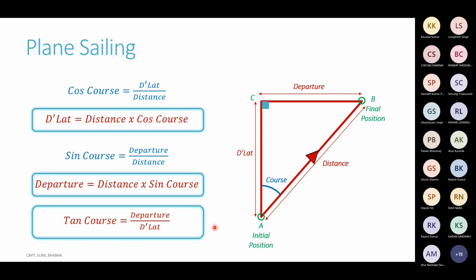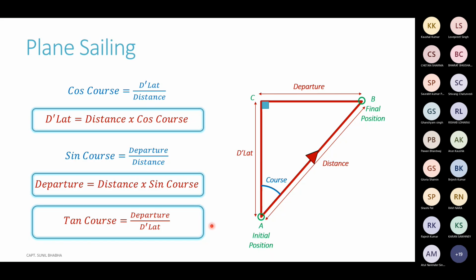Now these three formulas help us to calculate the course and distance if we know our initial and final positions, the departure position as well as the destination. If it is known, we can easily calculate what is the course and what is the distance. Now it can also be used to find out the position arrived in case a certain course and distance is followed.